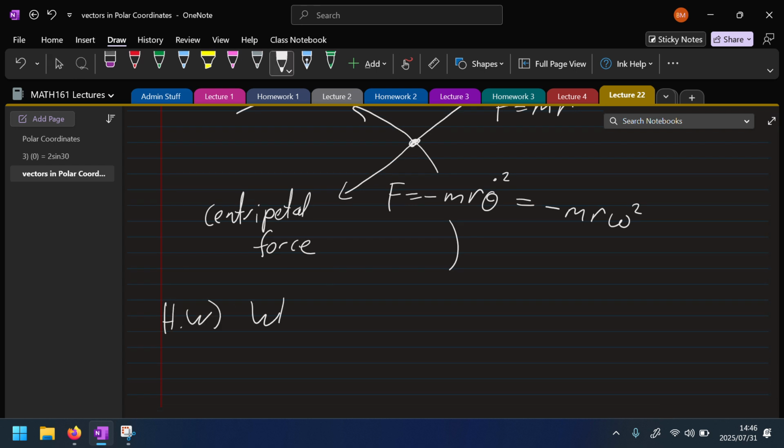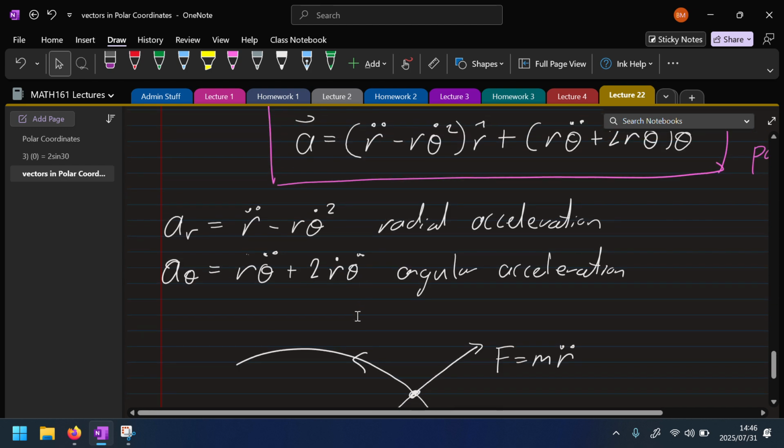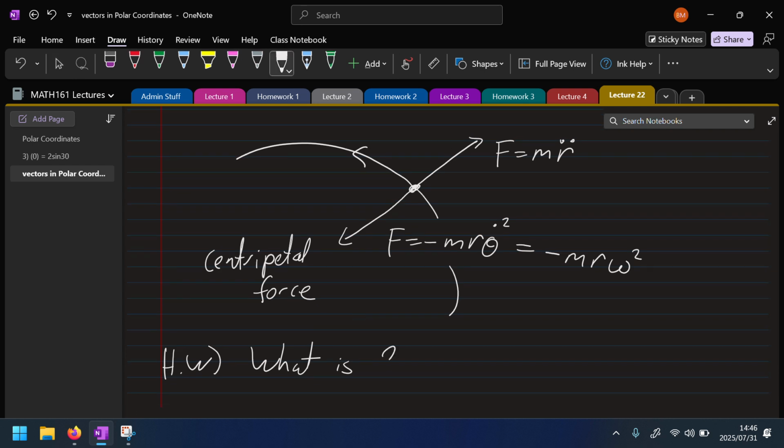So homework, what is just this part here, the 2 r dot theta dot? What is that in terms of physics?